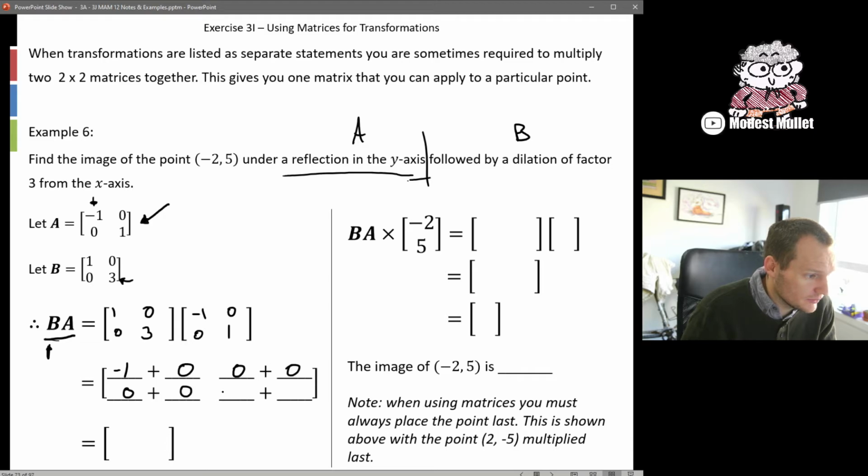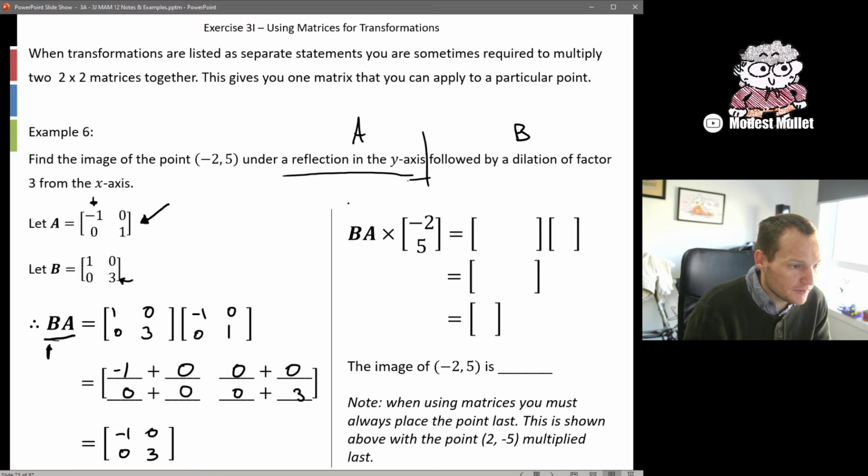And then here we're going to get first row by second column, get 0 and 3. So finally we get -1, 0, 0, 3, which makes sense.